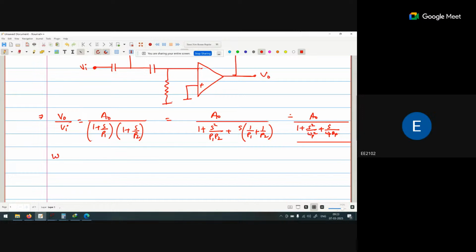Now there are two terms we define. One is omega P and the second is QP. As we already discussed in the previous class, QP is nothing but the quality factor, and omega P is the pole frequency, because this frequency is generated due to the poles, so it is called the pole frequency.